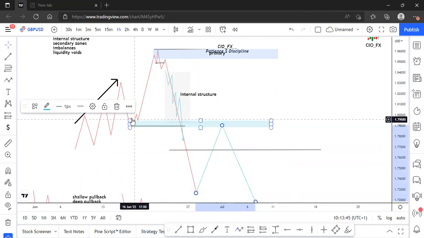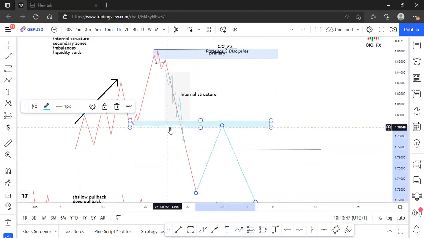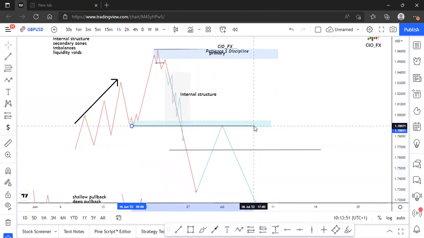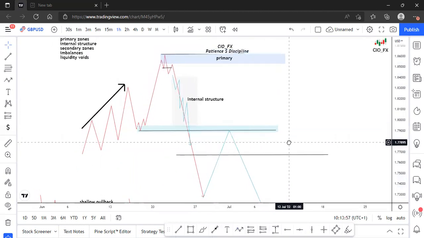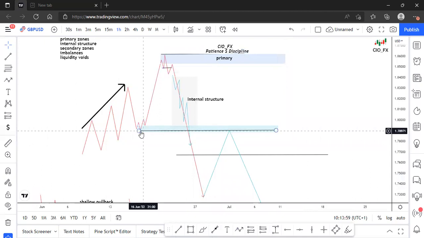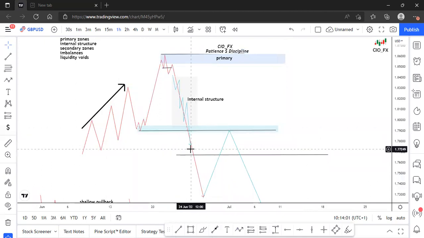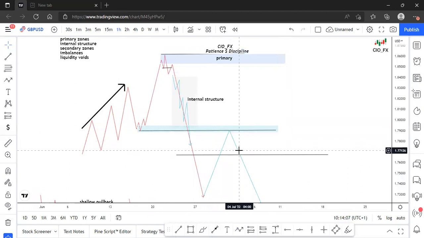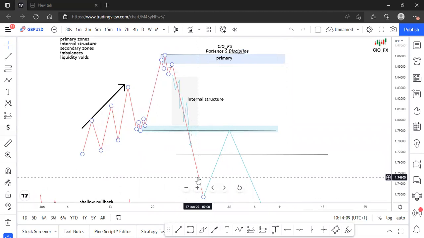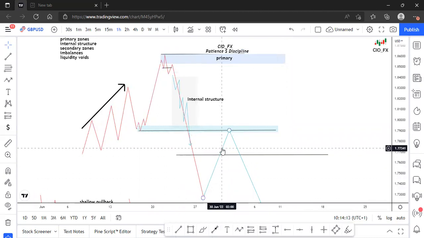That's where you see support turn resistance, where price action traders draw the line like this. And it will work out for them and they will make their profit. So the secondary zone is one of the cases that make support turn resistance work, if there's distance and momentum here. But we'll get to that.